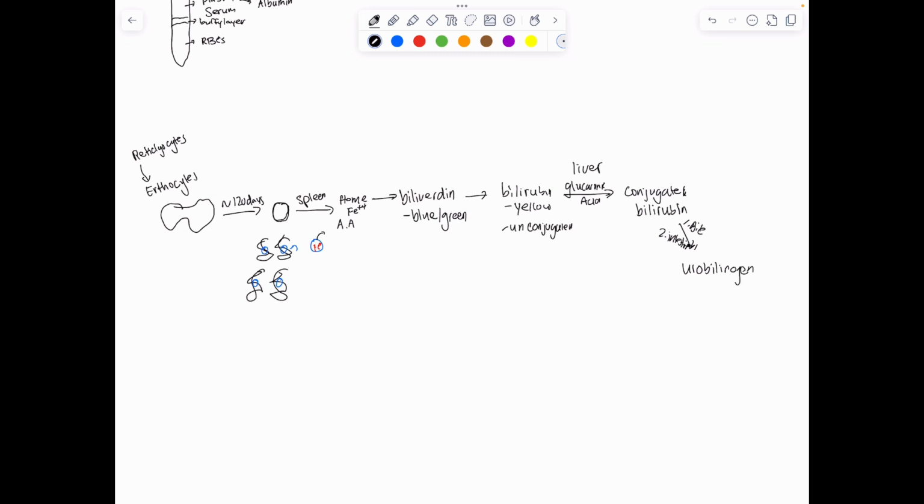From here, it could go two different ways. If it goes through the kidney, we have our urobilin, which is yellow. If it goes through the intestines, it's stercobilin, and that is going to be brown. You could determine what comes out of our body depending on those colors. That sums up blood composition and the breaking down of red blood cells.